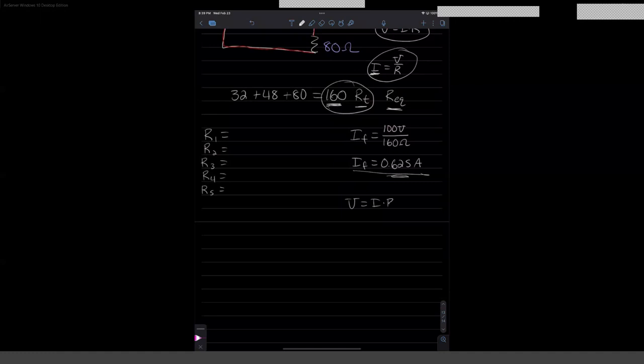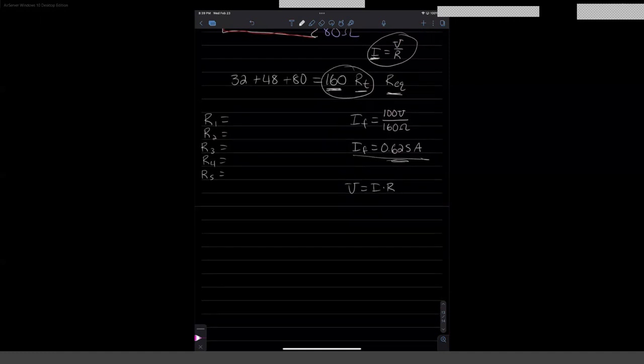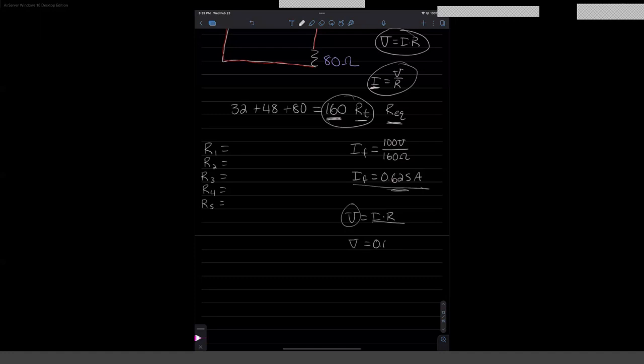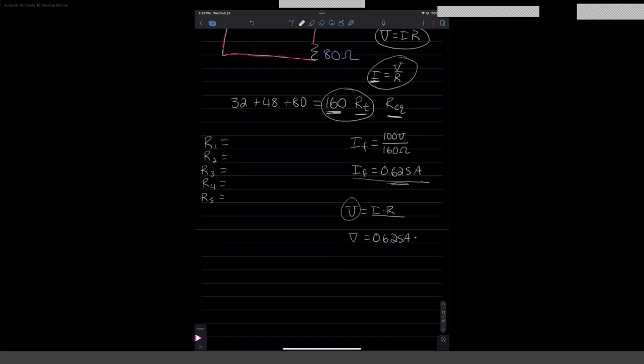Confused myself for a second. We're trying to solve for voltage, and we have these two, so all we have to do is multiply our 0.625 amps by our 32 ohms, our resistance.